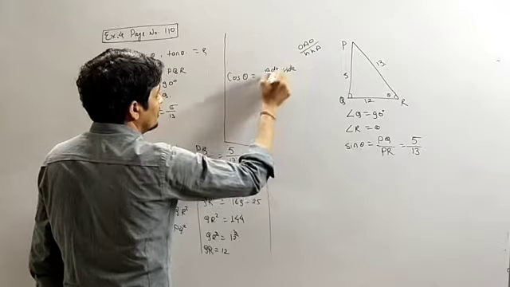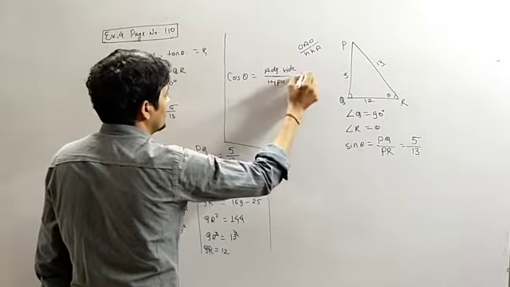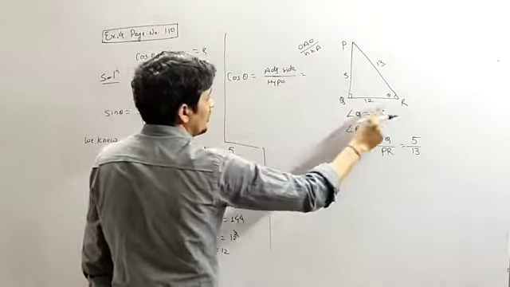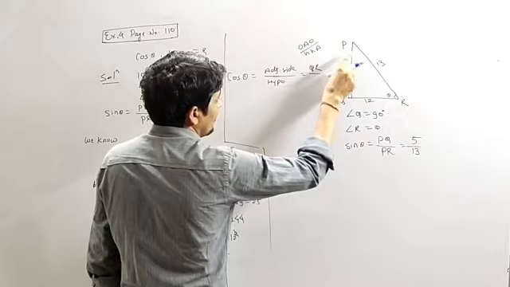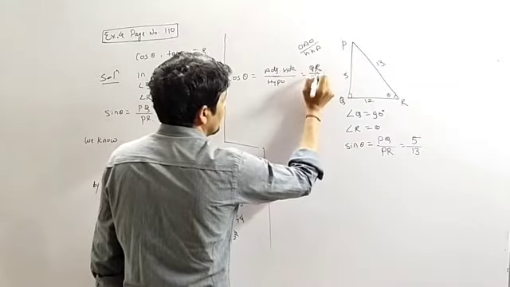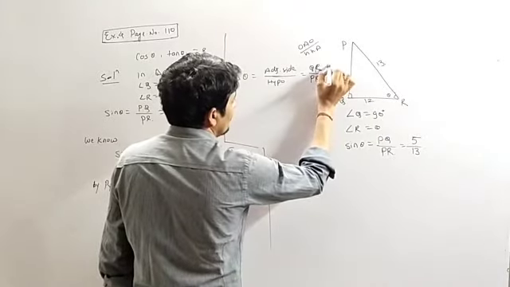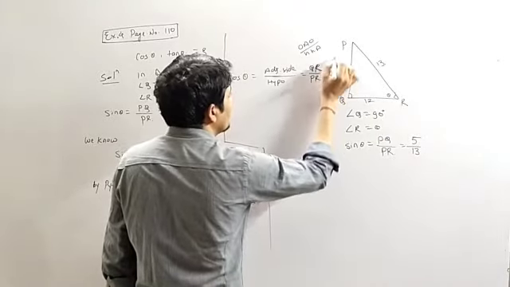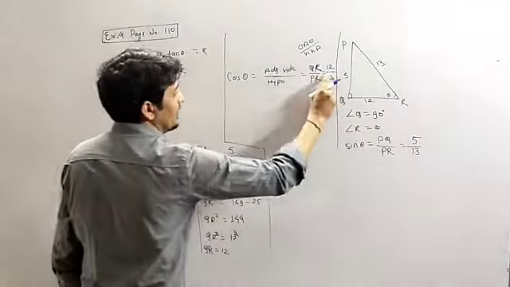Adjacent side is QR, so it is QR divided by hypotenuse PR. What is QR? It is 12. So 12 divided by 13 will be the answer.